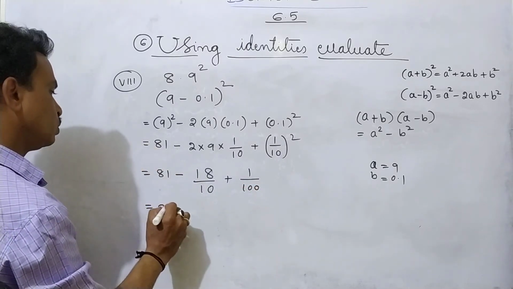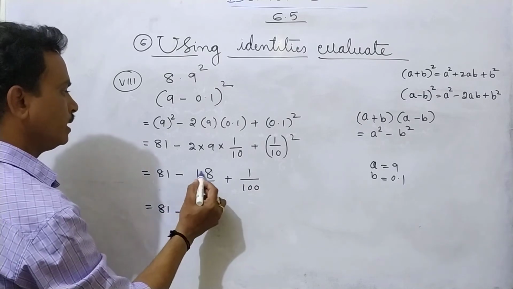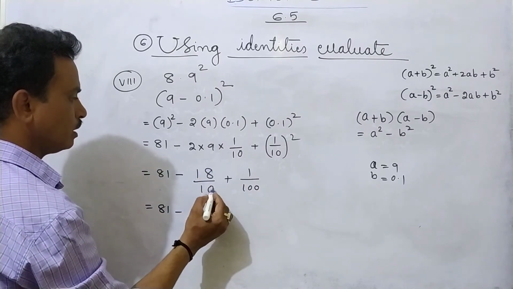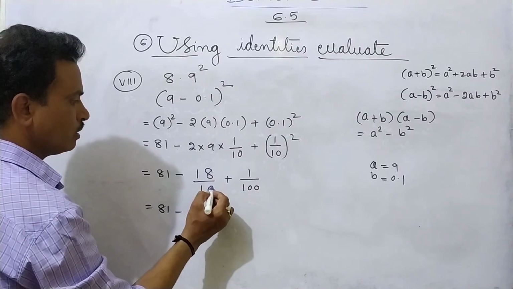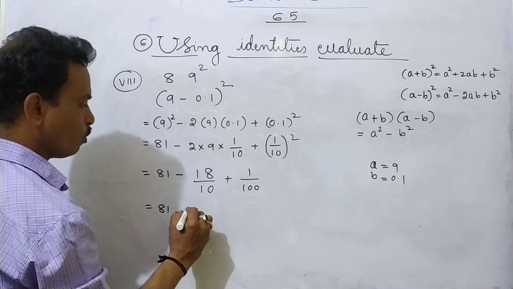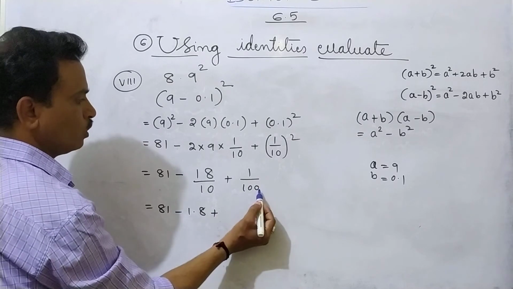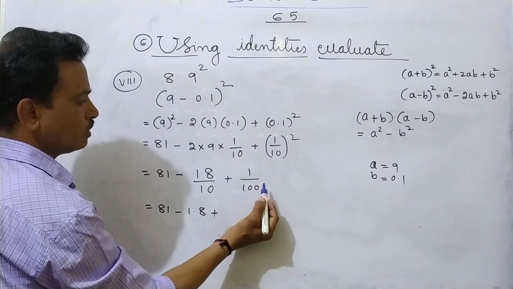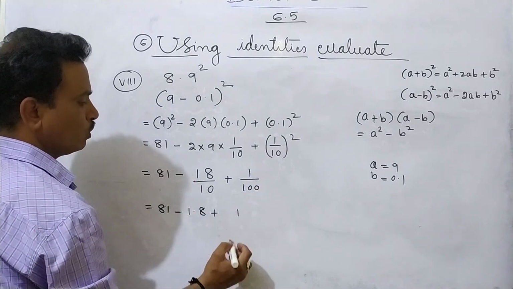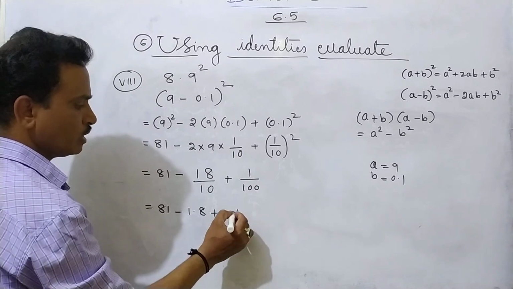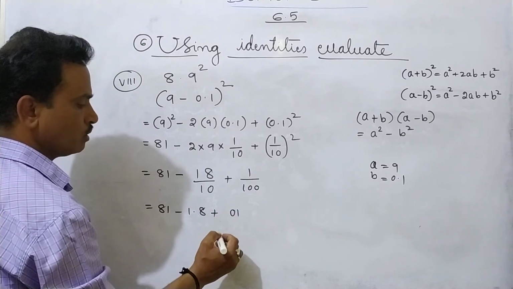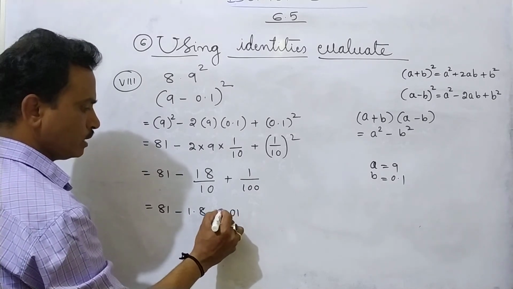So 81 as it is, minus 18 divided by 10, with one zero in the denominator, so after one digit you put the point: 1.8. Plus, now here 2 zeros are in the denominator, and 1 is there, so 1 digit we got, that means 1 0 you take here, point, then 0.